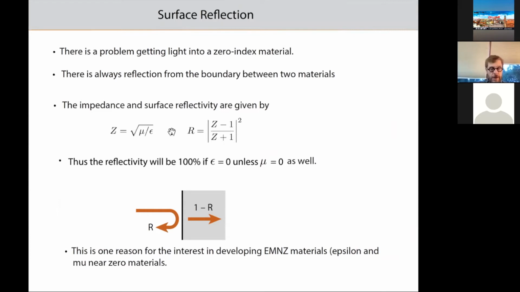So just looking at these equations, we see that the reflectivity will be 100% if epsilon is equal to 0, unless mu is equal to 0 as well. So that is why people are trying to find EMNZ materials, epsilon and mu both near 0.